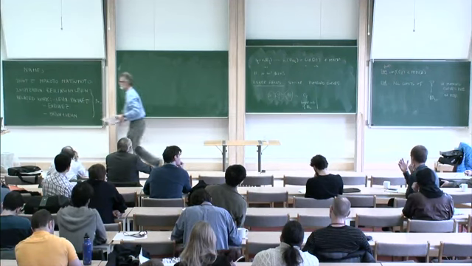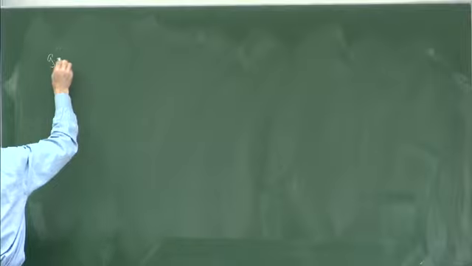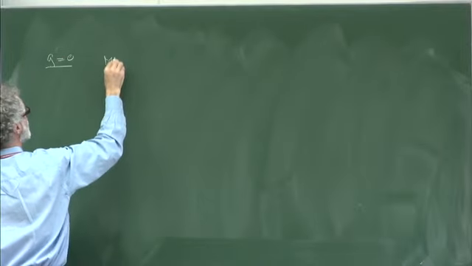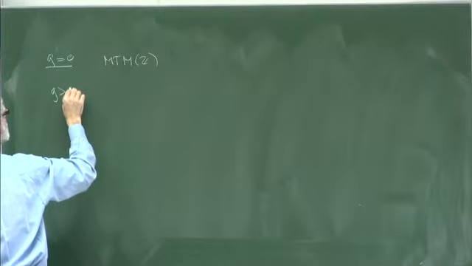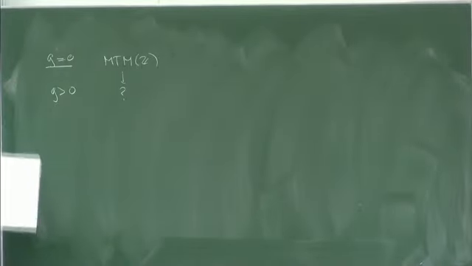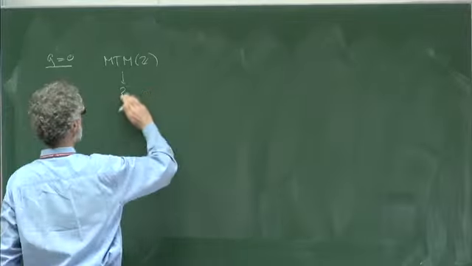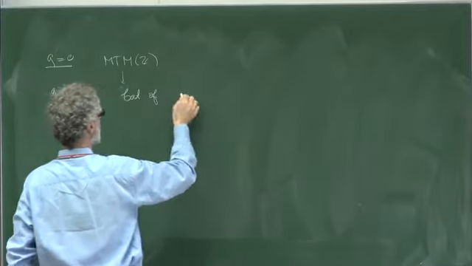So now I want to say what local systems we're looking at. So g equals 0, you have MTM Z. g bigger than 0, I want to look at a category that replaces this guy here that we want to understand. And so what is it?